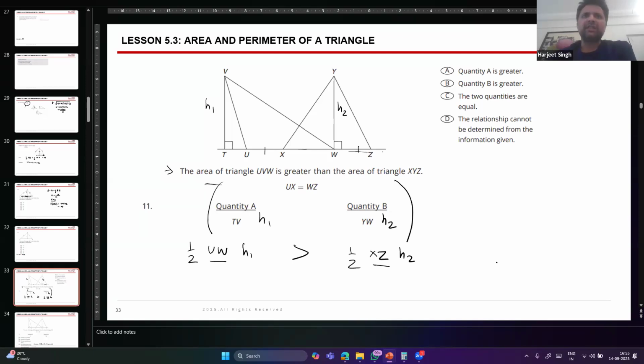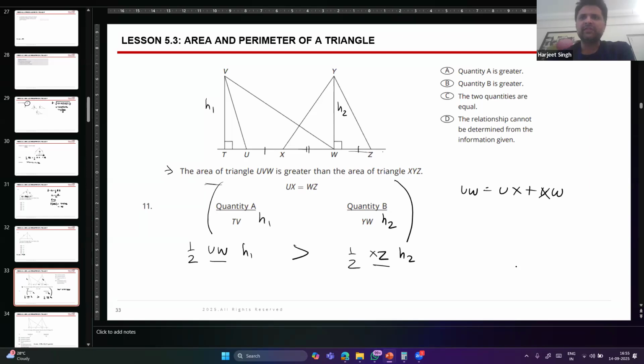But can I say XW is common between the two triangles? So can I say that UW is equal to UX plus XW?